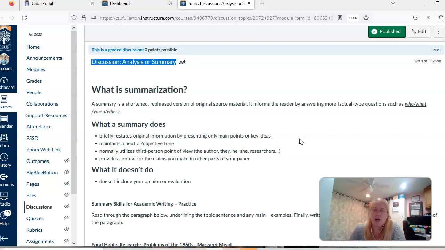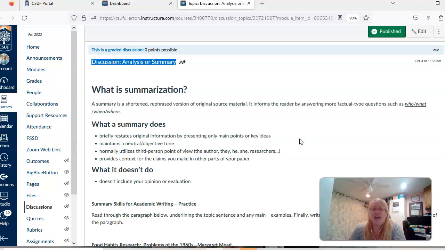The other important part about a summary is that it is neutral and objective. So you literally are just saying the author said this, they supported that statement in these ways, they used this rationale, they made these choices. You are not adding in your opinion or your analysis of what they're doing.